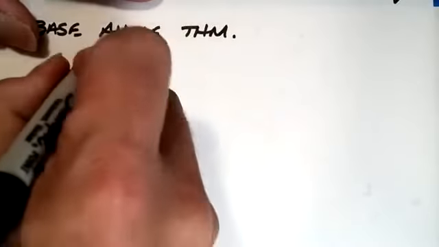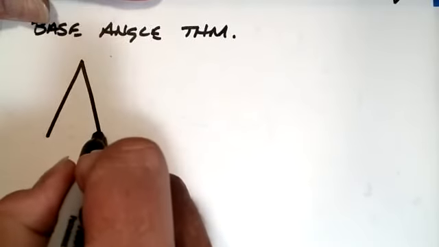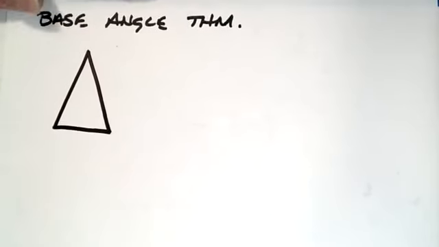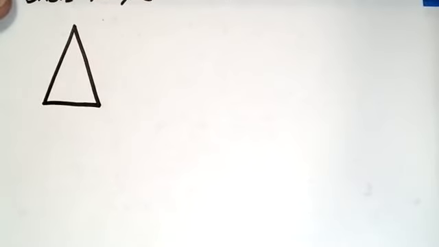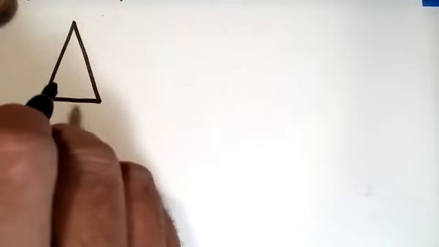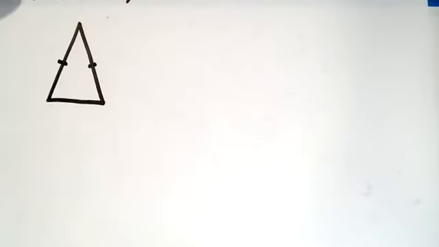The definition of an isosceles triangle is one where two sides are equal. Now, it could be a top hat or a witch hat looking one like this. It could be flat, whatever. It doesn't make any difference. The requirement of an isosceles triangle is that these two sides are equal, and the third one can be anything. It could actually be an equilateral triangle.